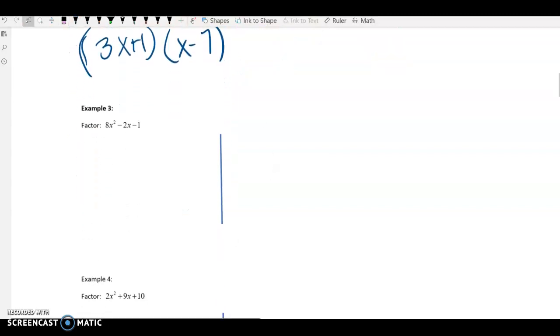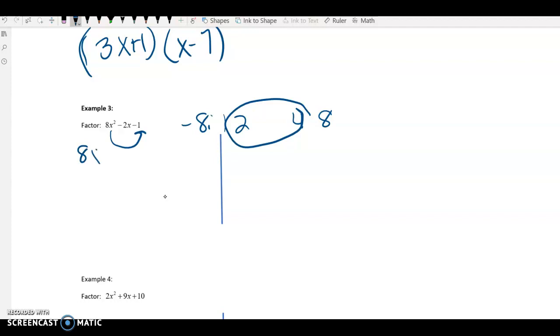Number 3. What multiplies to give me negative 8 and adds to give me negative 2? I've got 1 and 8 or 2 and 4. So I'm probably going to have to use that 2 and 4. So we're going to split that middle term. We've got 8x squared. All right, to get negative 2x, it's going to have to be plus 2x minus 4x, and then minus 1. Grouping.